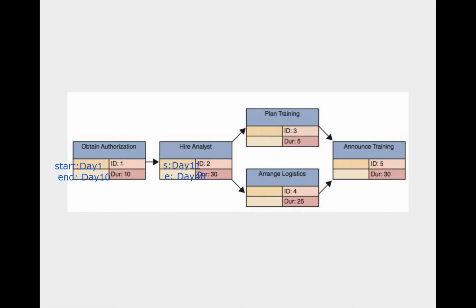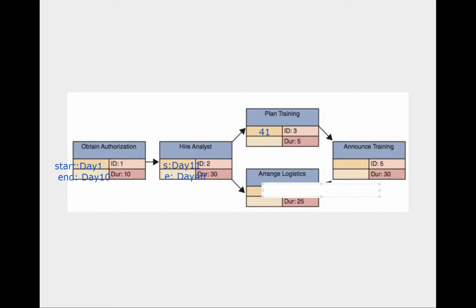Plan training. Yes, task number 3. That starts with 41, right? What is the end date? Okay, Prasad also put it. Thanks for sharing your answers. So let me put 41 here. And to save some space, I will not type start and day numbers, I will just put the number.